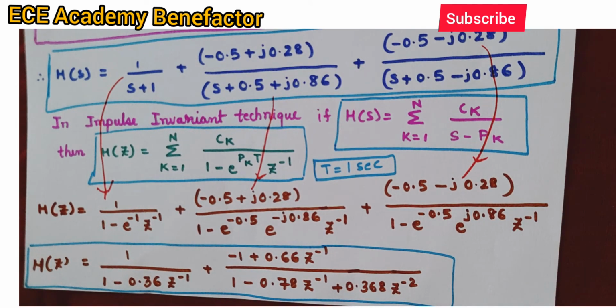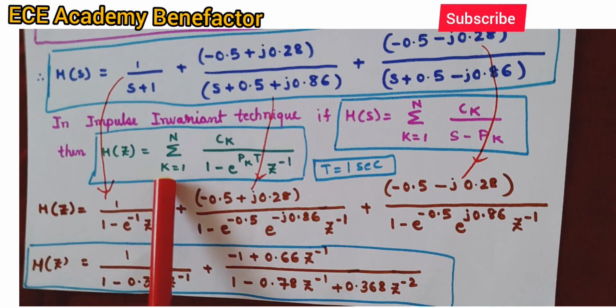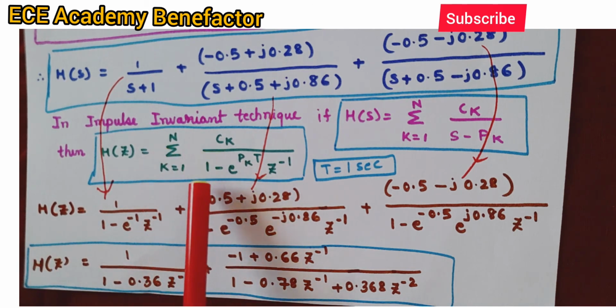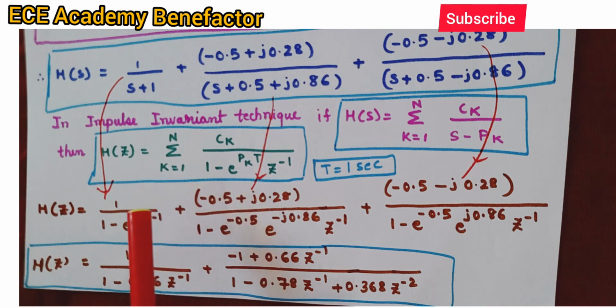Yes. So this transformation relation, if you remember, you can solve the problem. The impulse invariant equation is h of z equal to summation k is equal to 1 to N Ck by 1 minus e to the power pk capital T z to the power of minus 1.